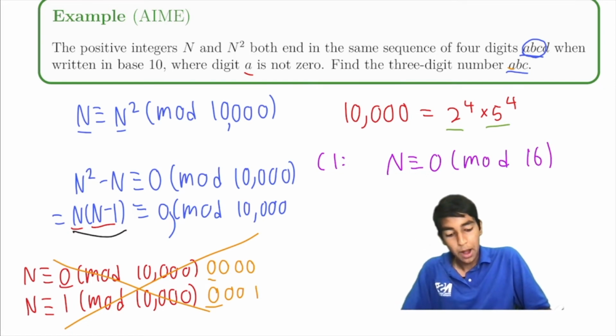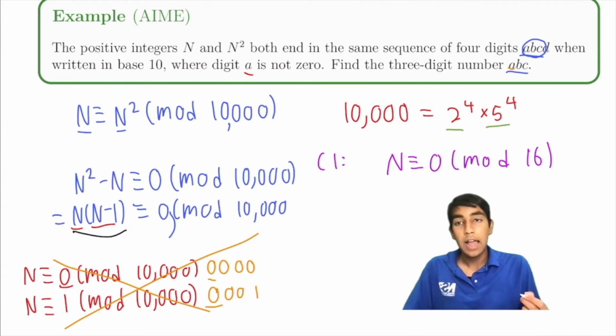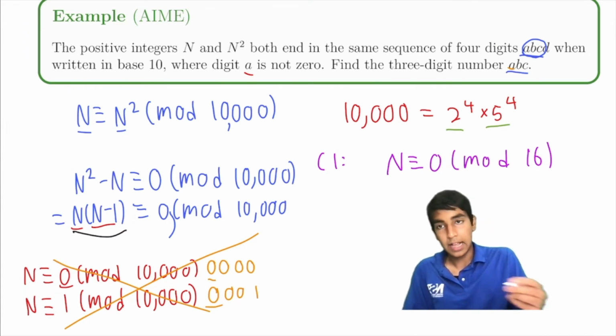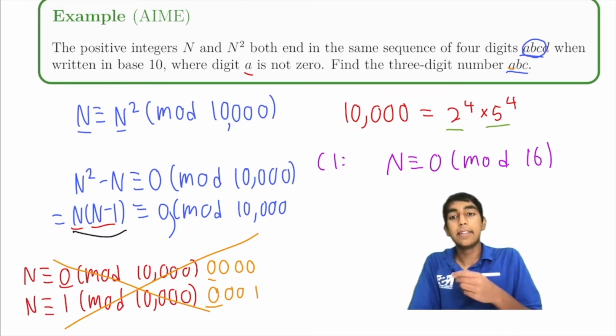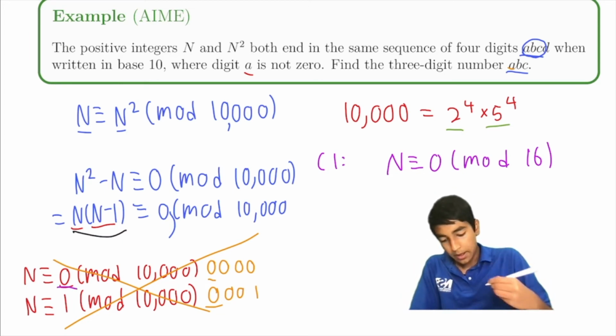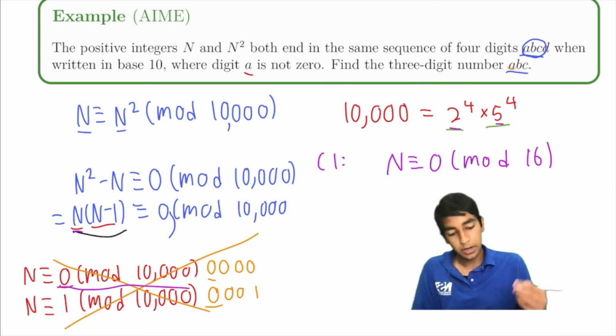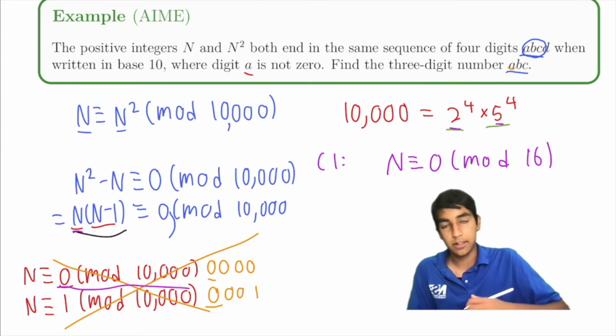So n has all the powers of 2. And we already counted the case where n also is a multiple of 5 to the 4. That was the case where n is just 0 mod 10,000, because then n is a multiple of both 2 to the 4 and 5 to the 4. We already counted that case. We know it doesn't work. So we're going to look at the other cases.